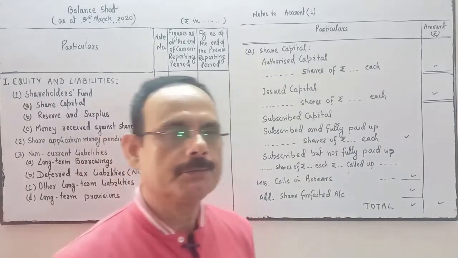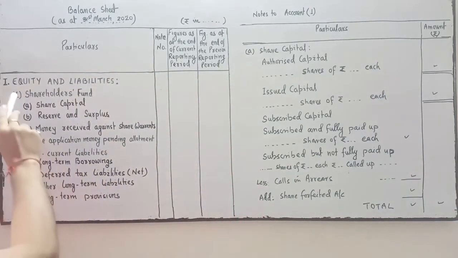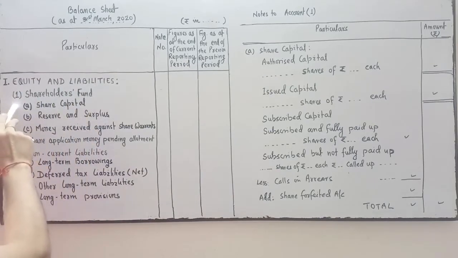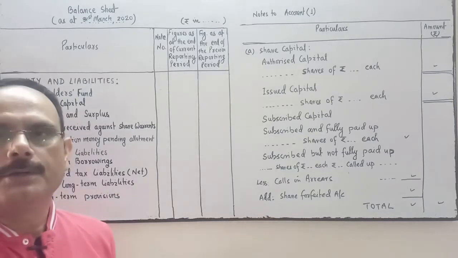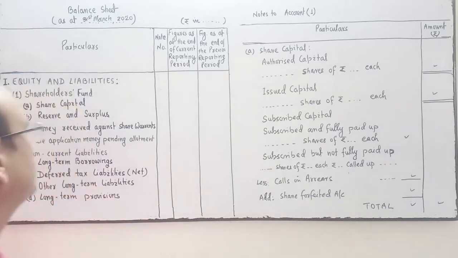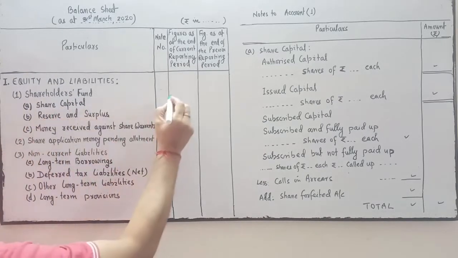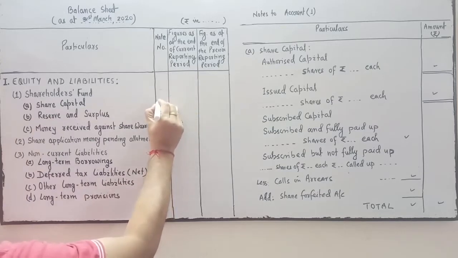Now one by one we will see the share capital first. Under the equity and liabilities, the heading is shareholders' fund. Under this shareholders' fund, our discussion is share capital. The share capital information will be in note number 1.